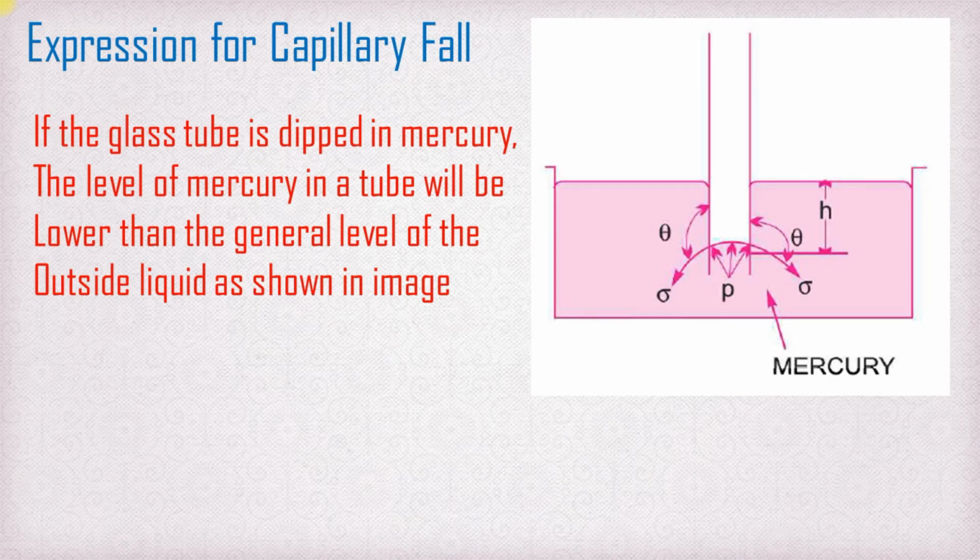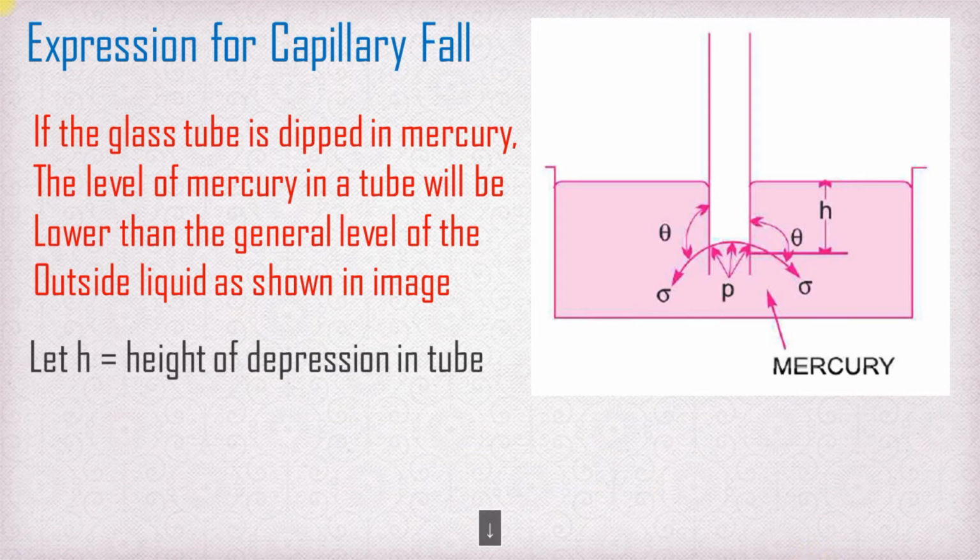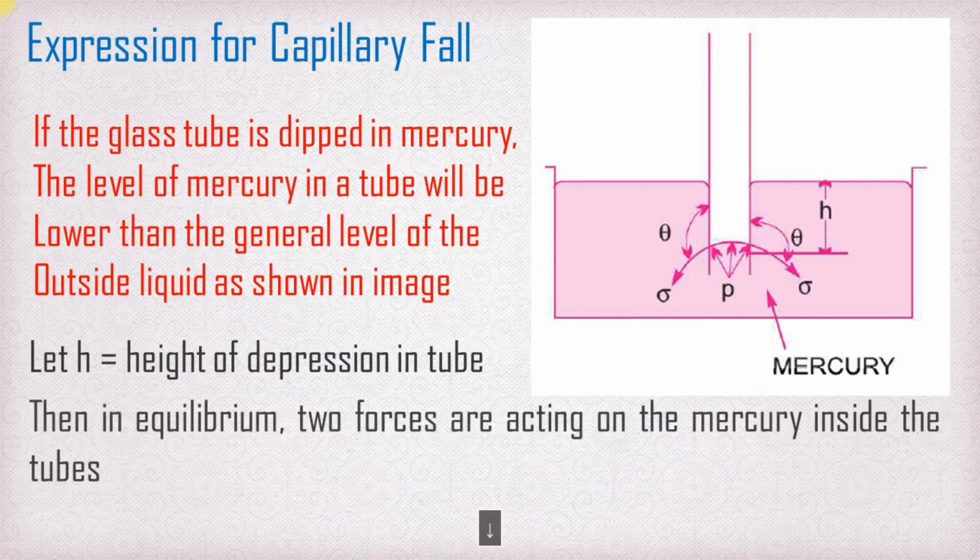We know that mercury is a highly dense fluid, with density 13,600. So whenever the glass tube is dipped in mercury, the level of the mercury in the tube falls, lower than the general level of the outside liquid. Here h is the height of depression in the tube.